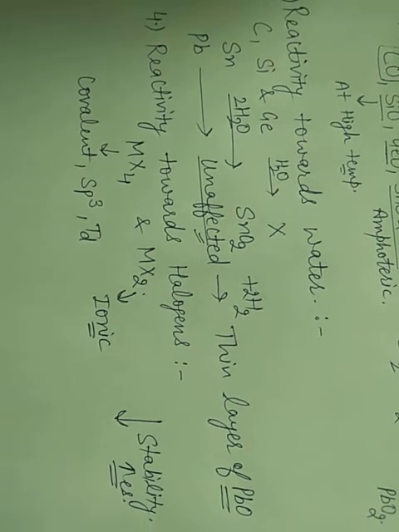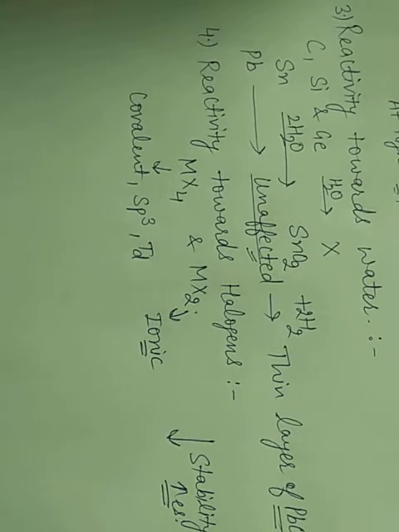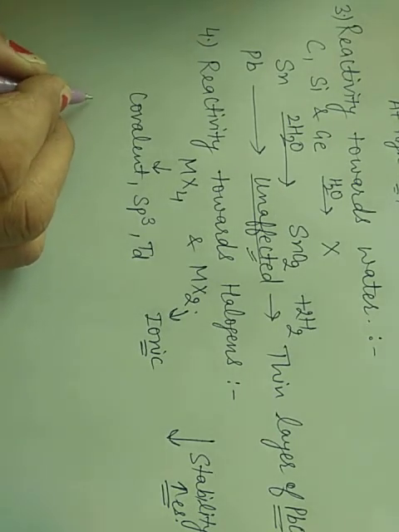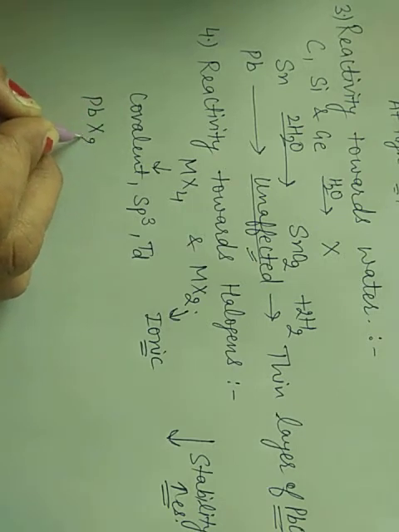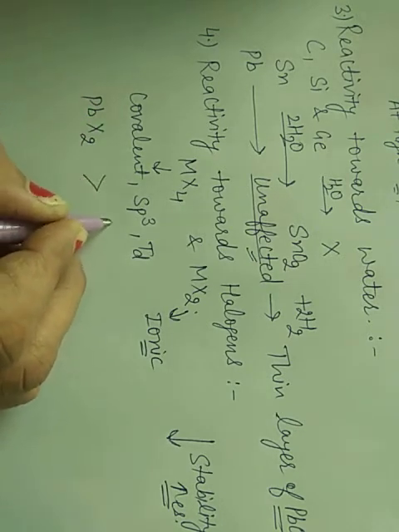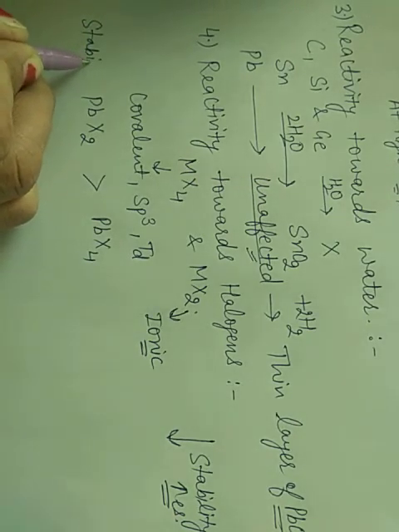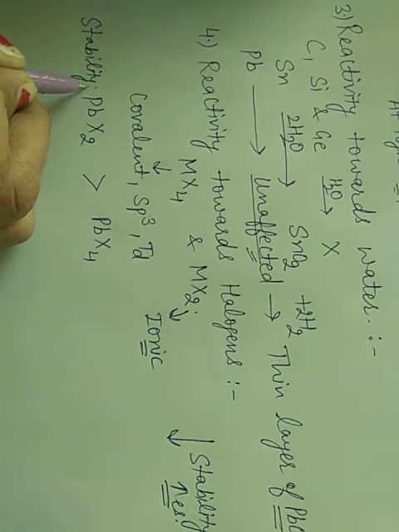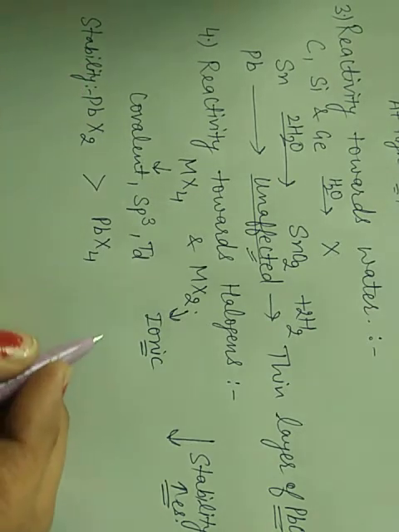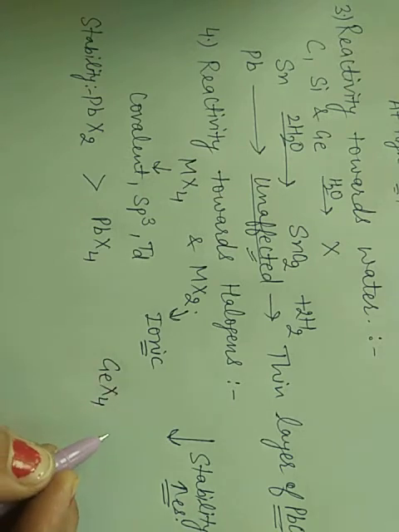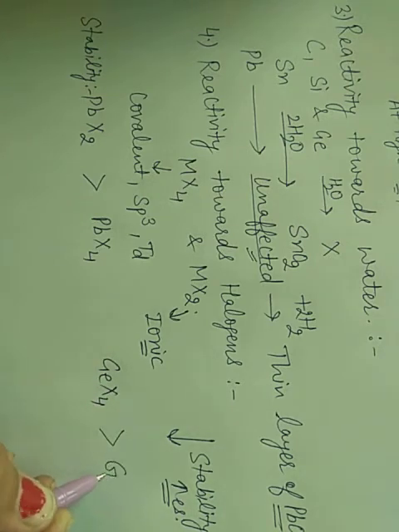The main question arises from here. The thermal and chemical stability of PbX2 is more stable as compared to PbX4. This is the stability order. Same in this case, germanium tetrahalides are more stable as compared to germanium dihalides.